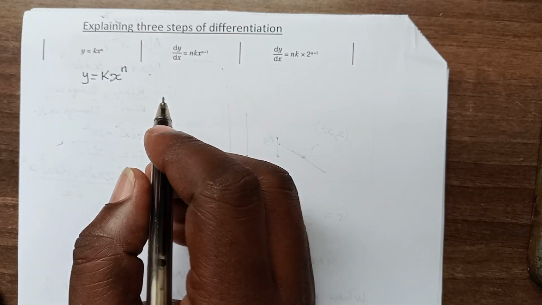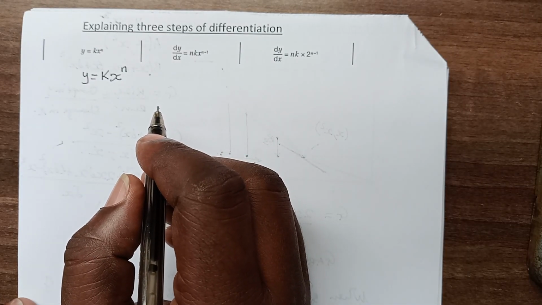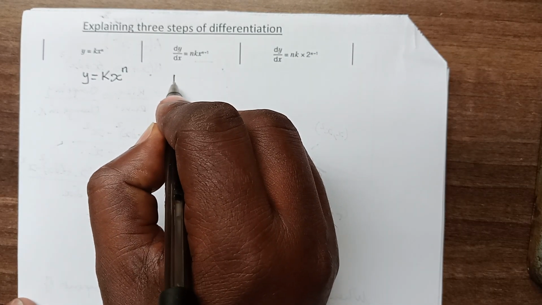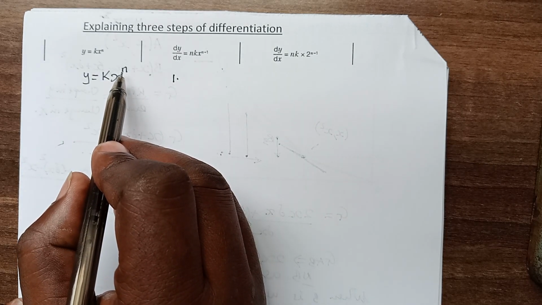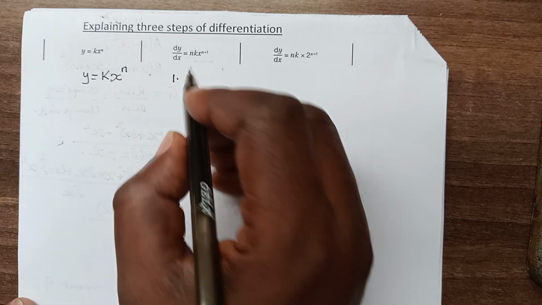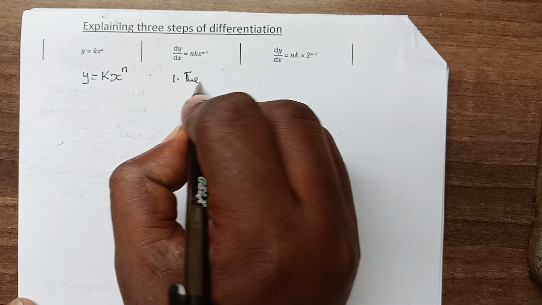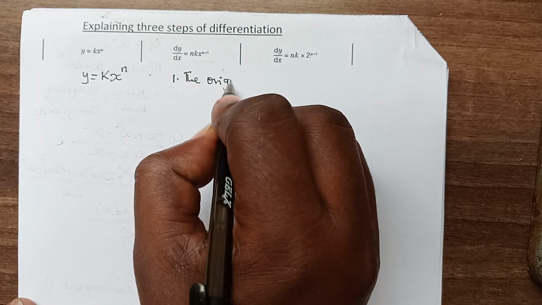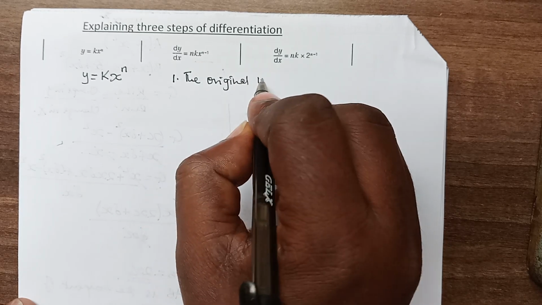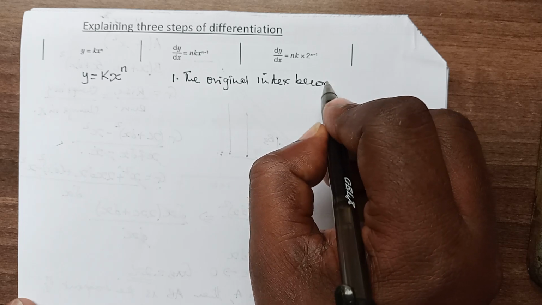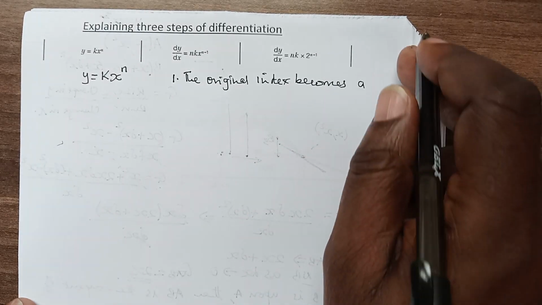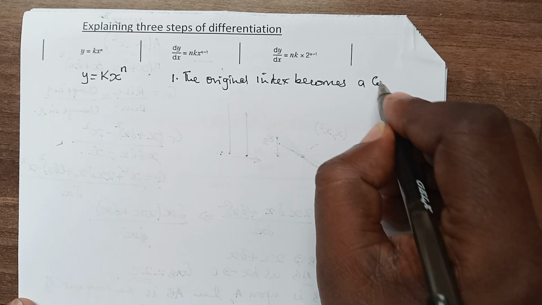Now, I would want to outline three steps. Step number 1, the original index becomes a coefficient. That is step number 1. The original index becomes a what? A coefficient.